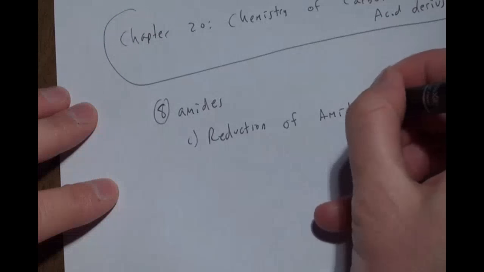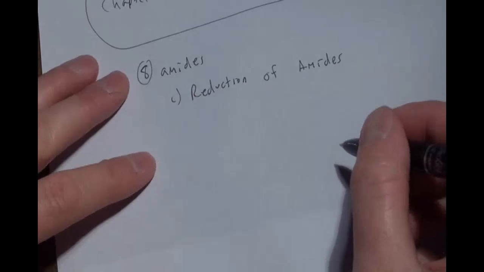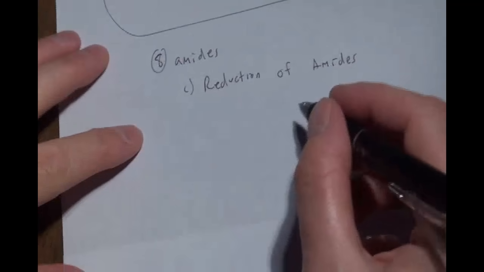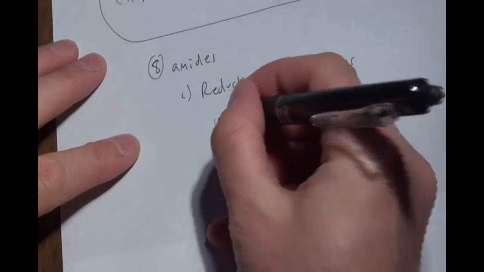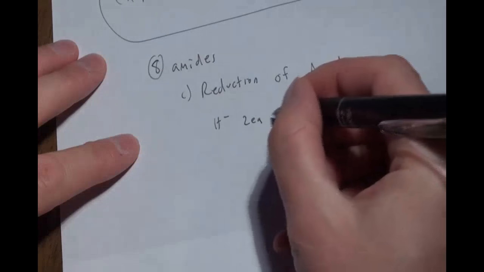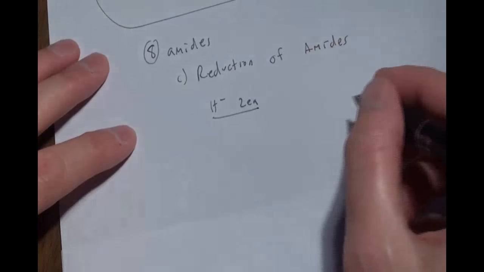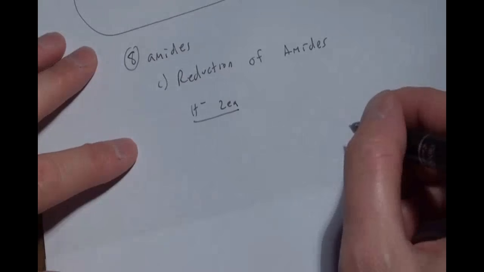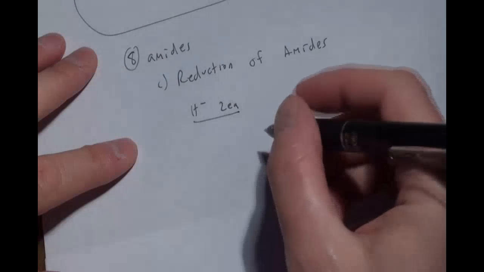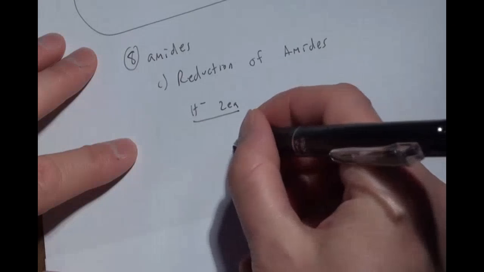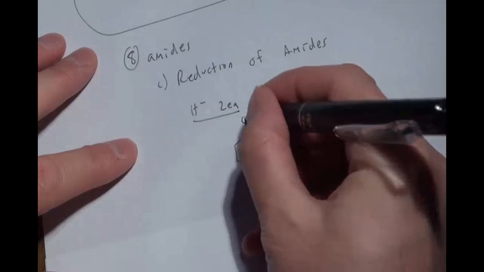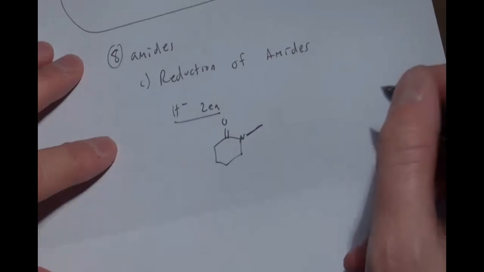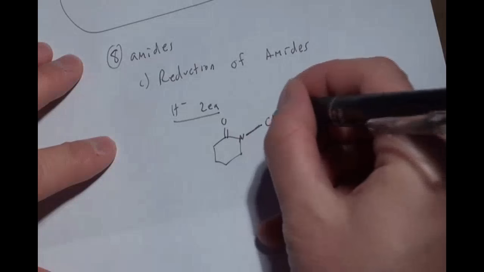of amides. And what we found was that we could do this kind of two ways: the H-2 equivalent way and the H-1 equivalent way. So I'm not going to show the full mechanisms of those, but let's just give an example. I'll draw an amide. This is a cyclic amide, that's a methyl.